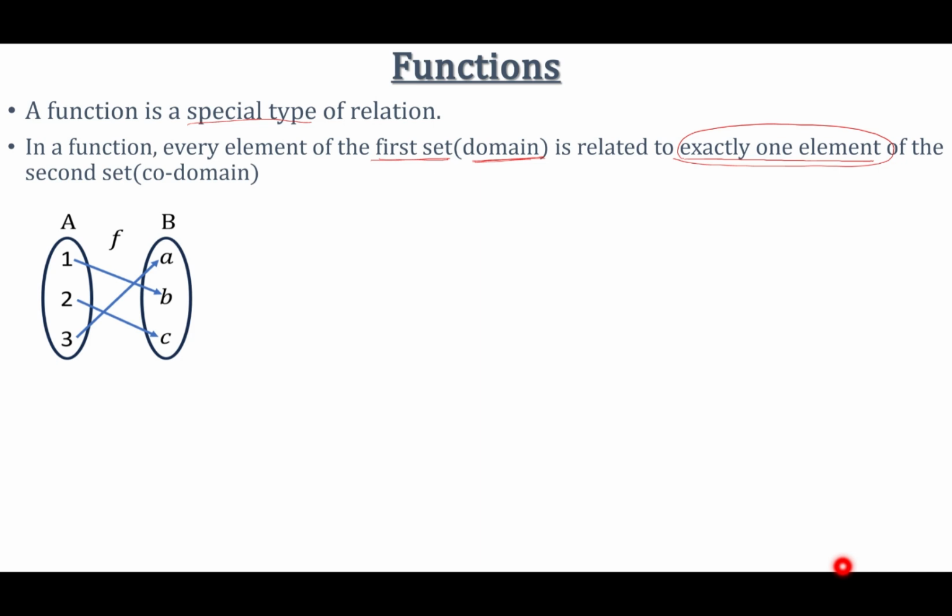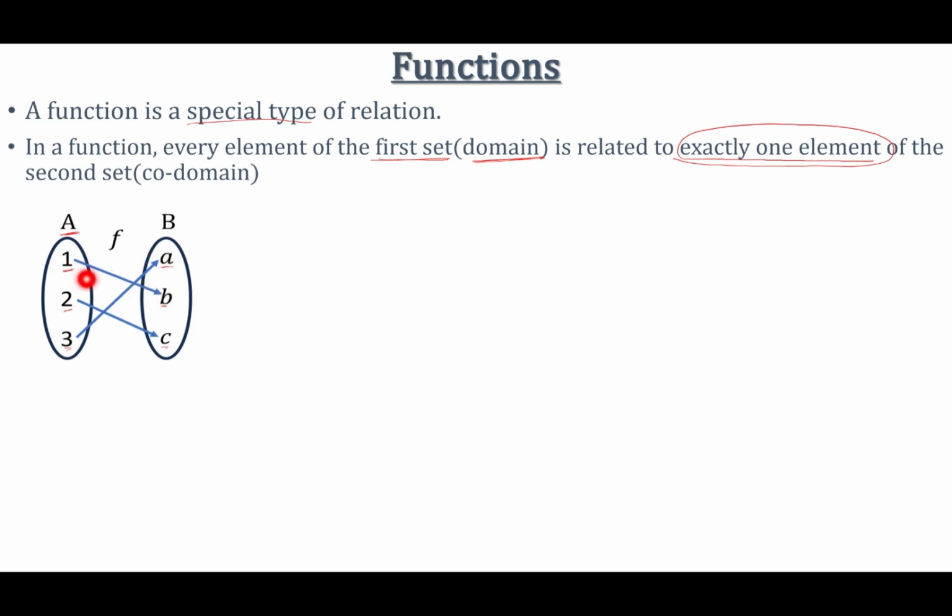Let us have a few examples. Is this a function? Check the first set, which means set A. In set A, I have three elements: 1, 2, 3, and every element is related with one element of set B. See, 1 is related only with B, 2 is related with C, 3 is related with A. No element has two relations.